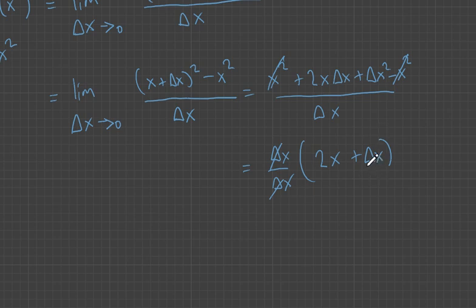And if delta x goes to 0, all we're left with is 2x. So the derivative of x squared equals 2x.